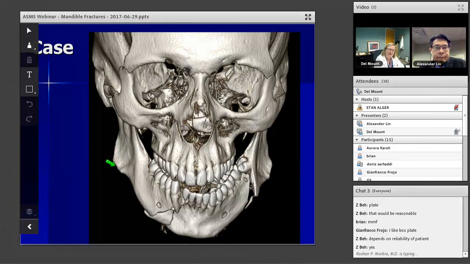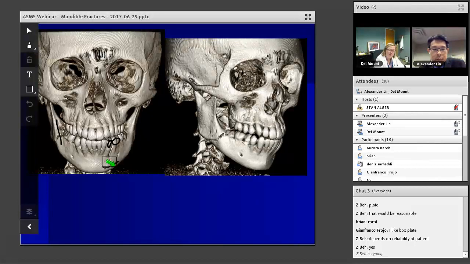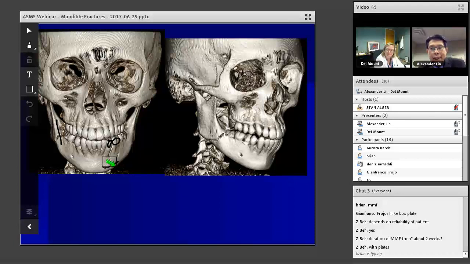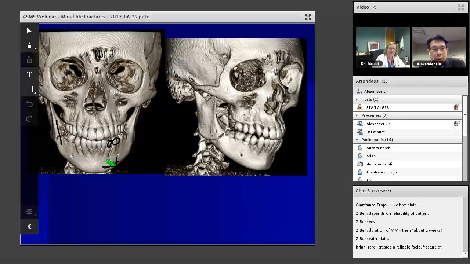Yeah, I want to give a shout out to Brian who said MMF, because that's probably what I do most frequently, is MMF and then a lower border plate. I don't think the MMF by itself is going to do it, but that's a good idea for the MMF. MMF with a parasymphysial plate or an angle plate? With an angle plate and a lower border plate. But I like the, I mean, you could do a Champy too, but all of those are options.